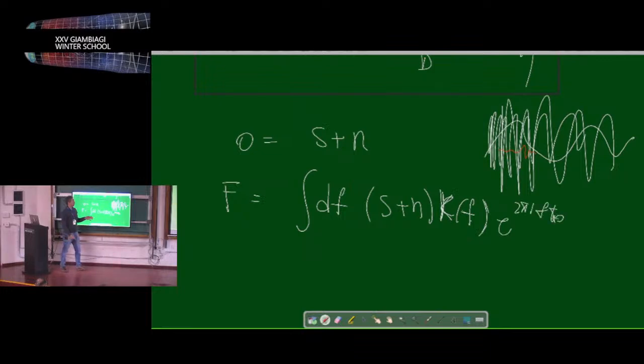I have my output, I have some filter function with some profile, and I want to slide it around, and in Fourier space it's trivial to slide a function in time: you just multiply by e to the 2 pi i f t0. So let's forget about this because we just want to sketch the idea. This filter function can be easily shifted in time just by multiplying by this factor. And we want to see what is the optimal filter function to get the filtering.